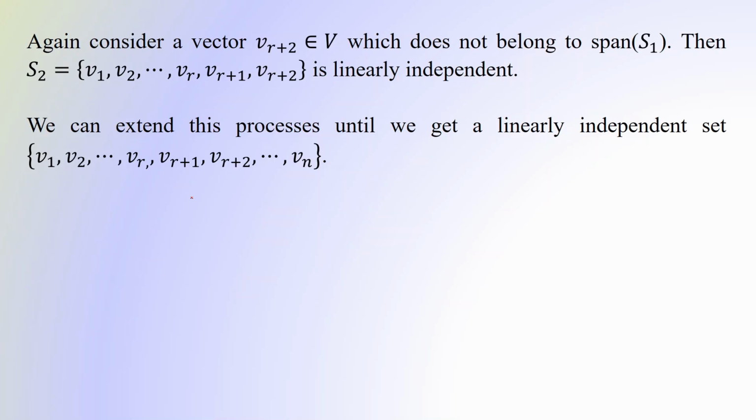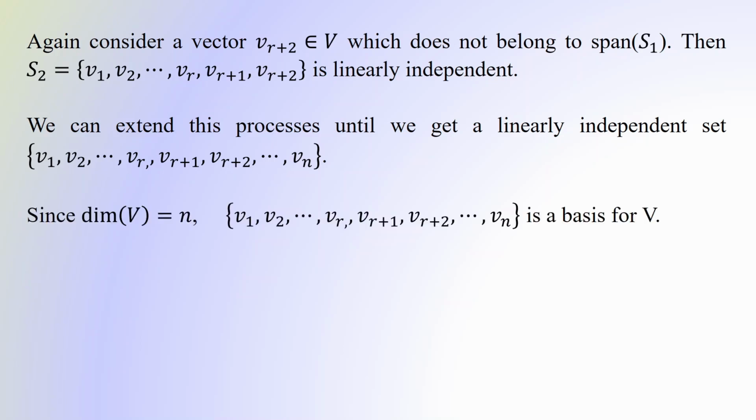Since this contains n linearly independent vectors, and the dimension of V is equal to n, it is a basis for V. So starting with the vectors V1, V2, ..., Vr, if they are linearly independent, we can extend them into another linearly independent set containing n elements, and it will form a basis.